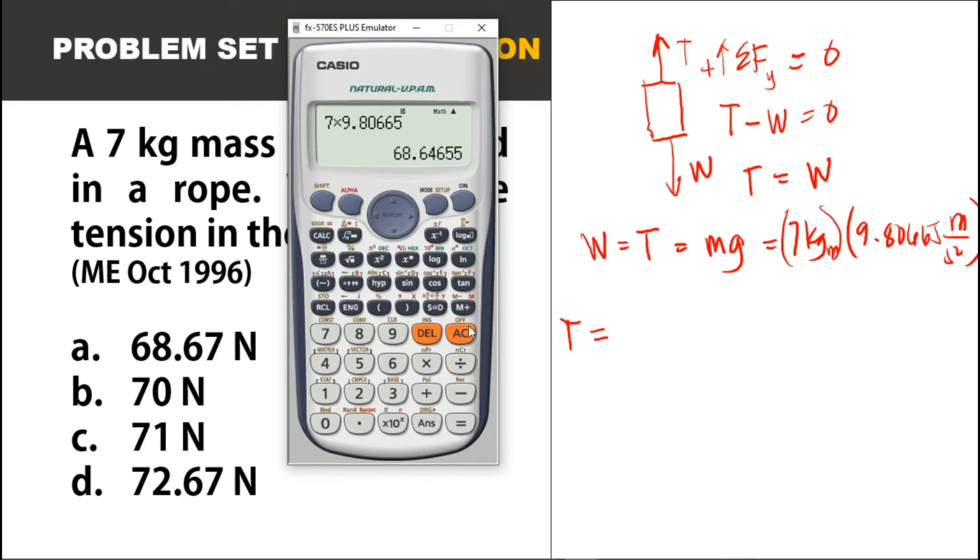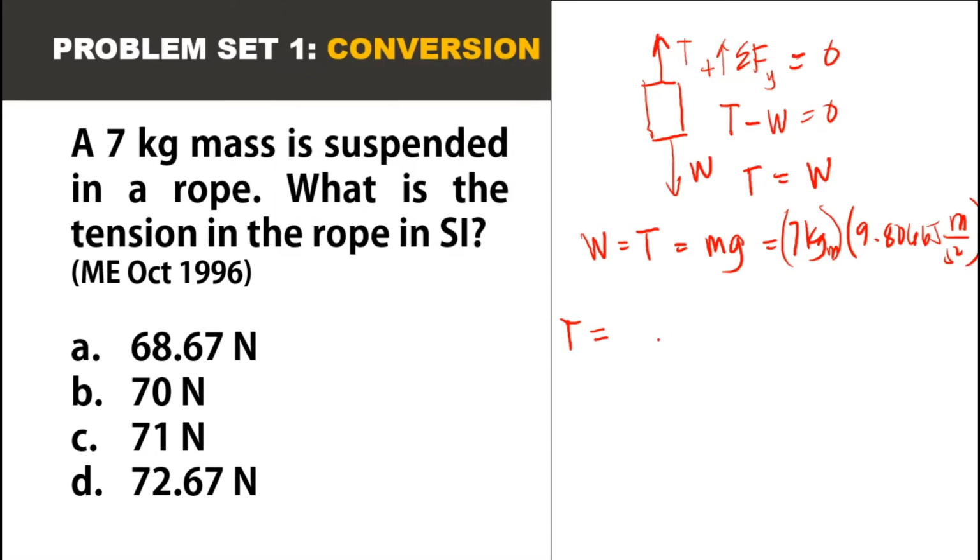That gives us 68.65 Newton. So that's 68.65 kilogram mass meter per second squared.